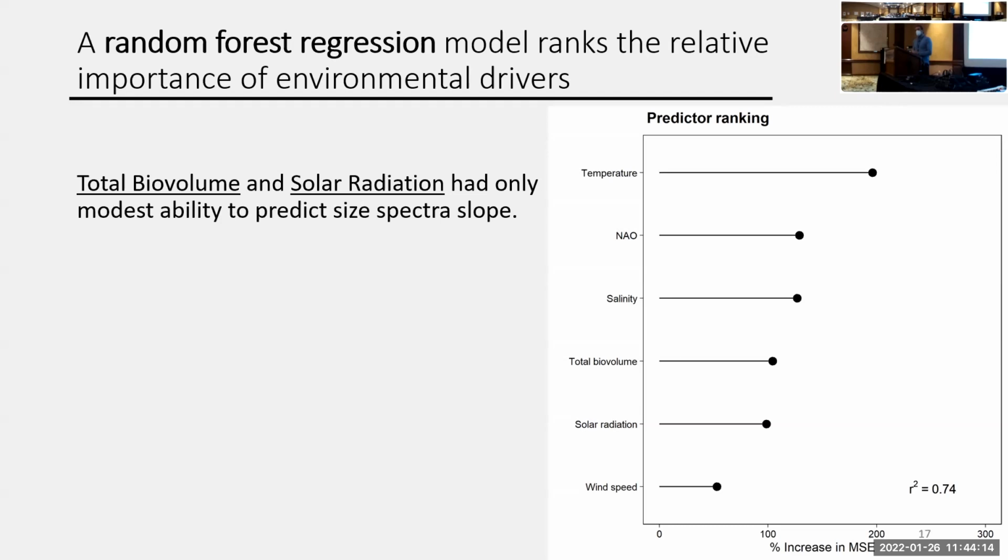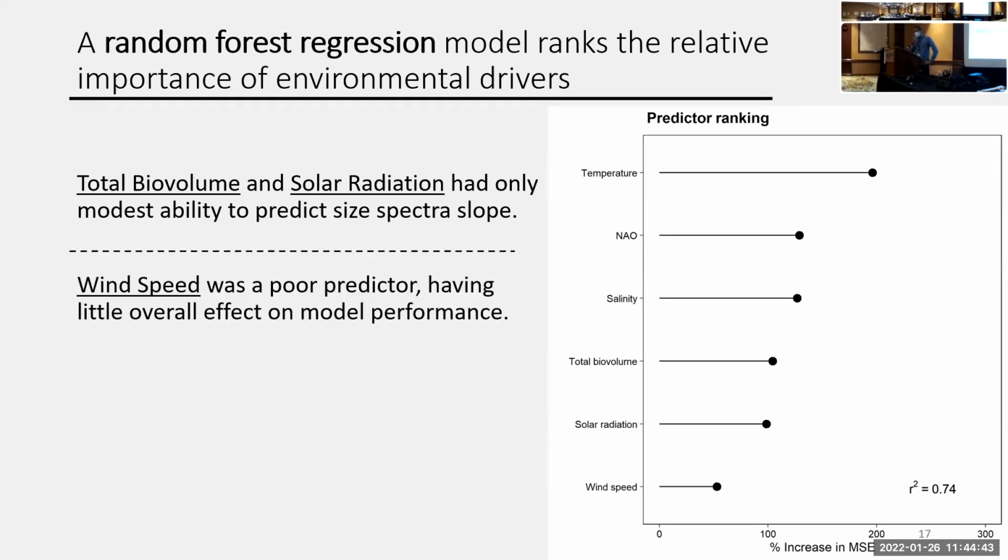And then, interestingly, total biovolume, which I calculated as cell biovolume concentration as measured by IFCB, and solar radiation had only modest ability to predict the size spectrum slope. This is interesting in that while we do see the seasonal shift in total biovolume and obviously solar radiation as well, these were predicted to have only a modest ability to impact the size spectrum.